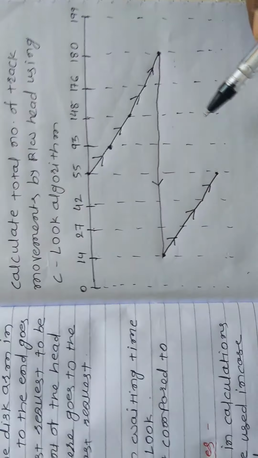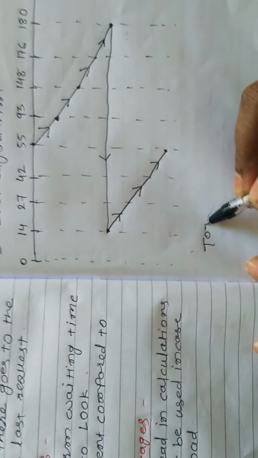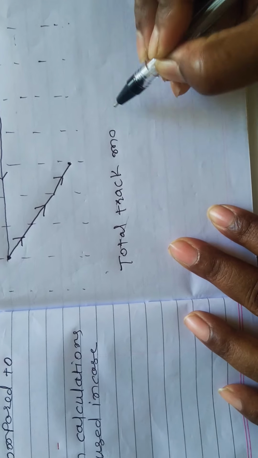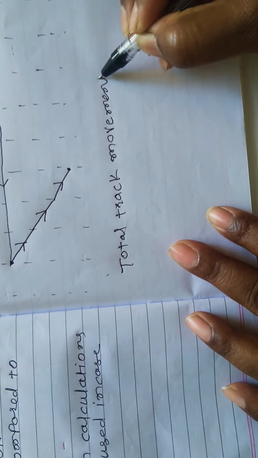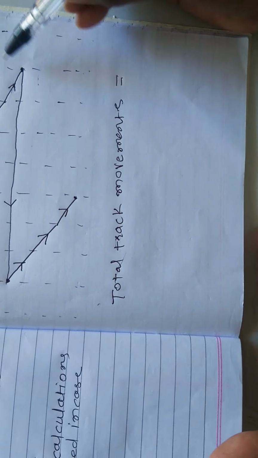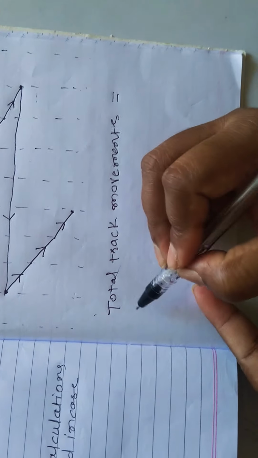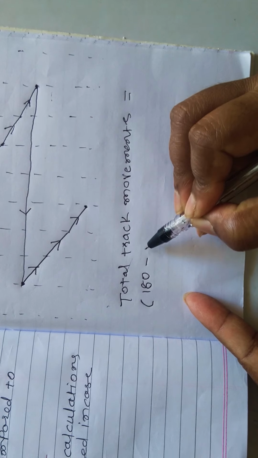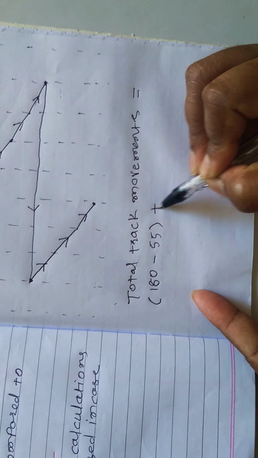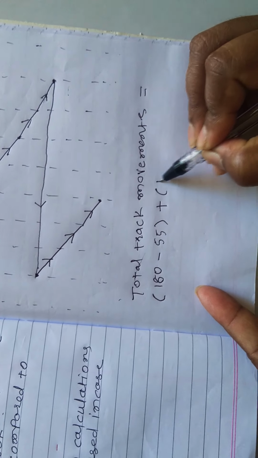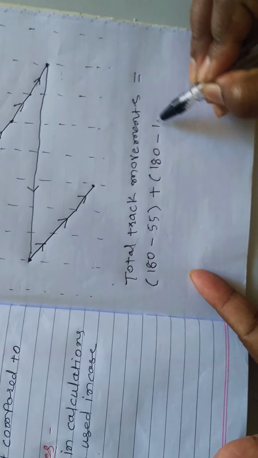Then how are you going to find the total track movements? You can find the total track movements in this way. We started from 55 and moved till 180. So how do you write it? The bigger number is 180, and from that you subtract the smaller number, 55. After that from 180 to 14, so you write 180 minus 14.